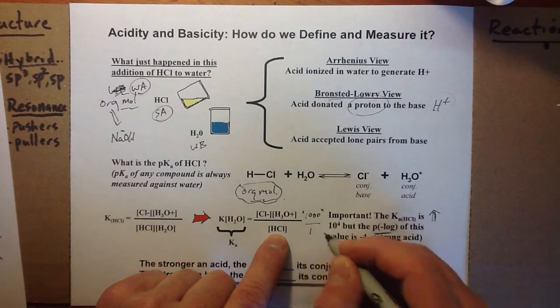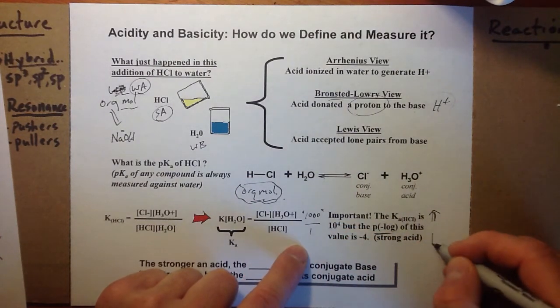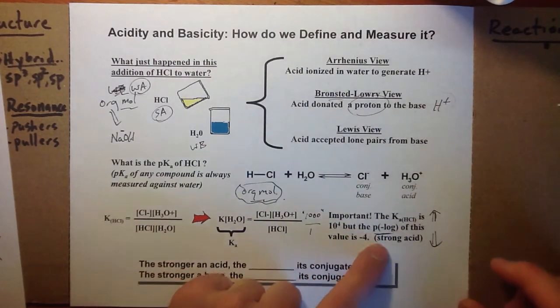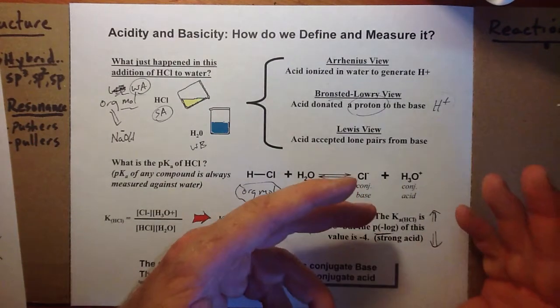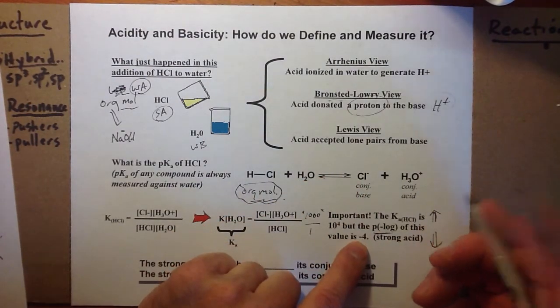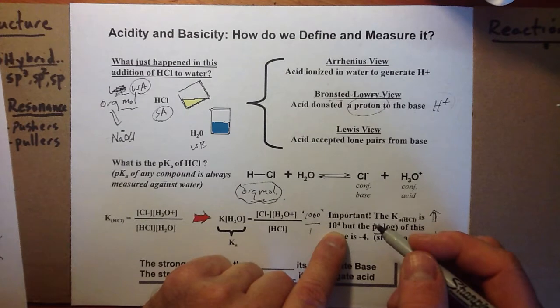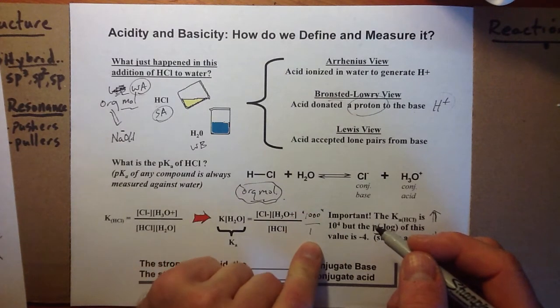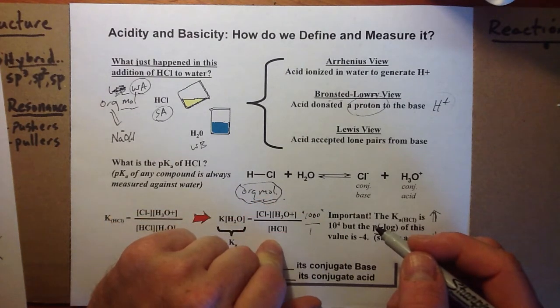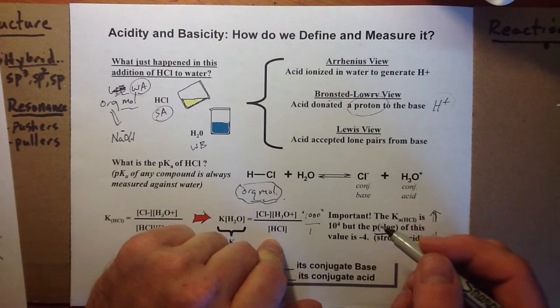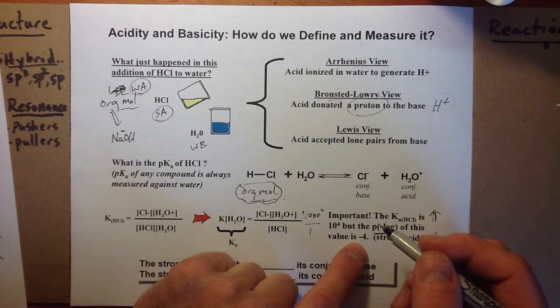It's 10,000 to 1. Then we would say we have a very low pKa. So -4 is associated with an acid that has a 10,000 over 1 product to reagent ratio.